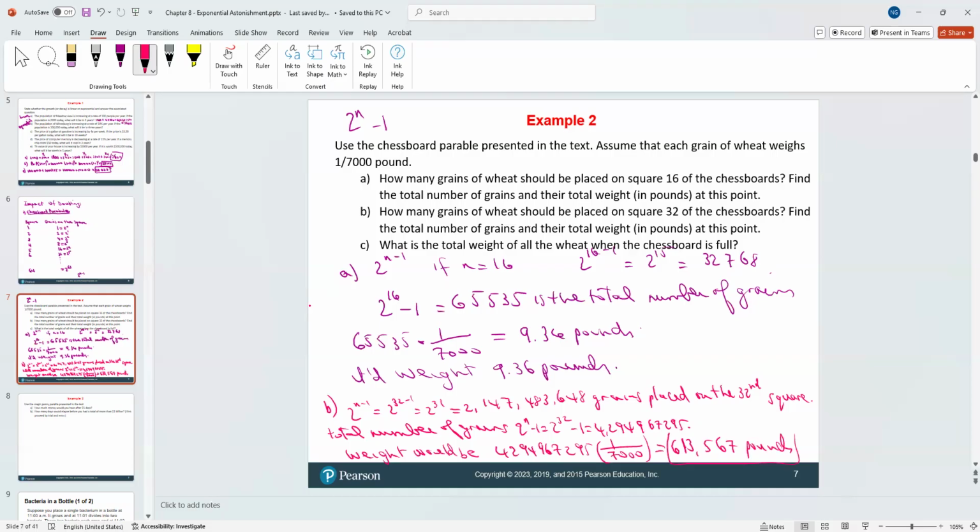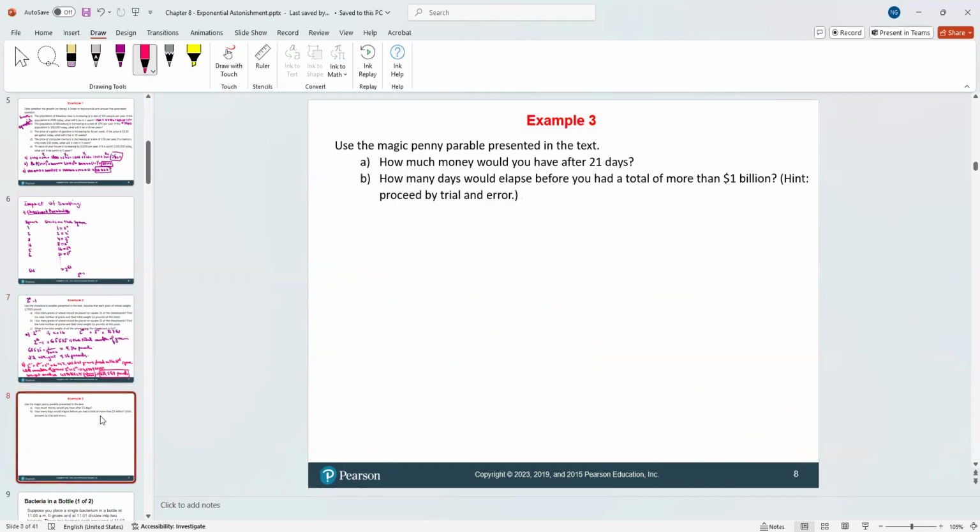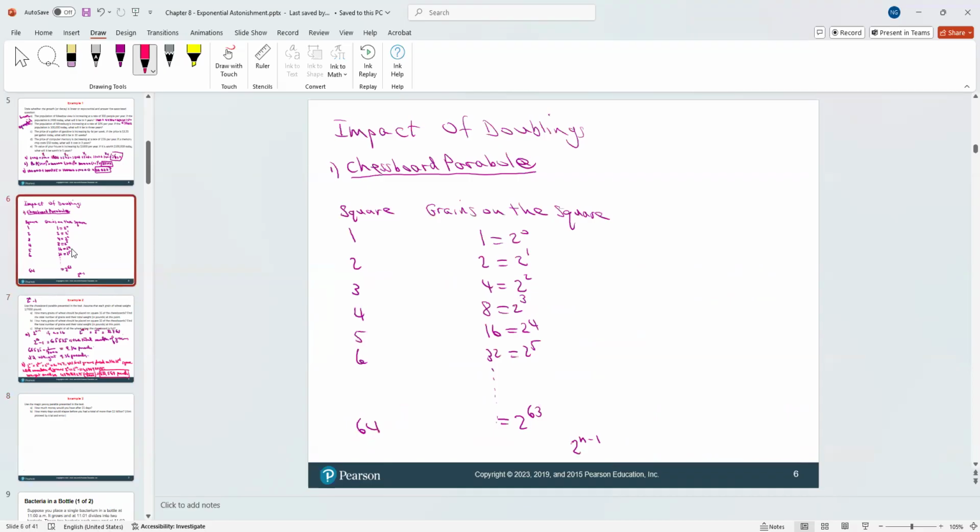So follow these instructions. This is one of the techniques for the impacts of doubling. So one of them is parable one. We talked about the chessboard, from hero to headless in 64 easy steps. The magic penny is another one we would talk about. Remember our goal for this one.